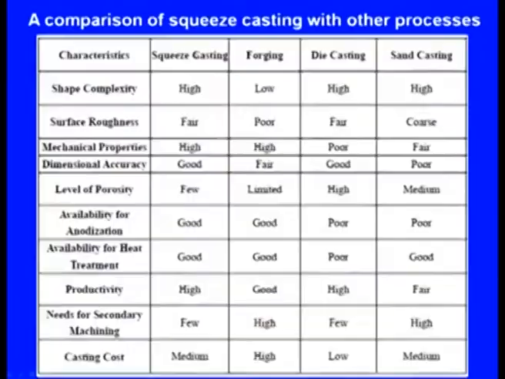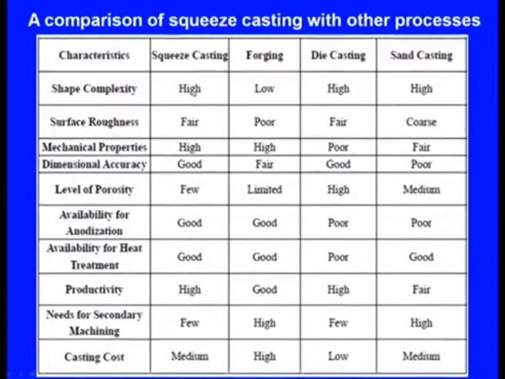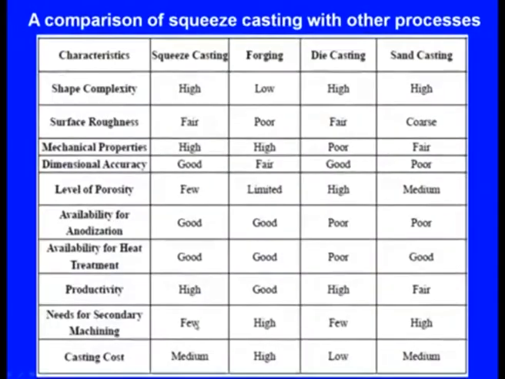And when we look at the squeeze casting, shape complexity is very high, complex features can be obtained, surface roughness fair and mechanical properties are high, dimensional accuracy good, level of porosity few, availability for anodization good, availability for heat treatment good, productivity high, needs for secondary machining few, in very few cases we need secondary machining, and casting cost is medium, not very high.